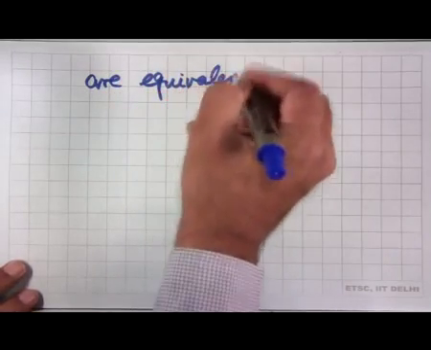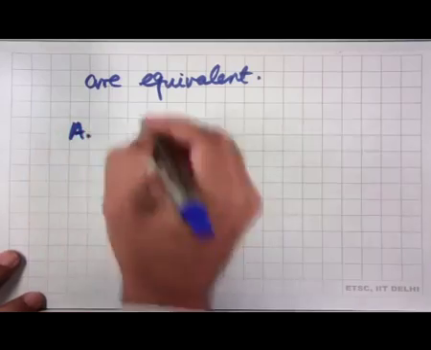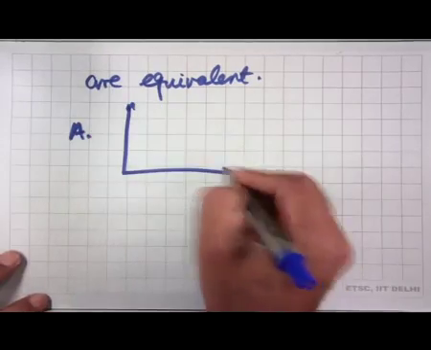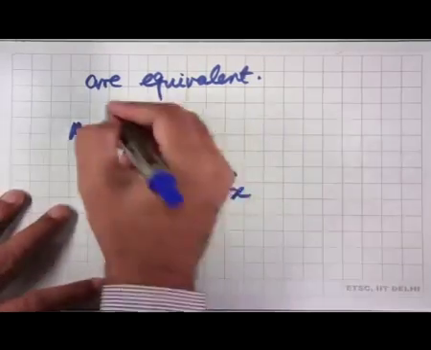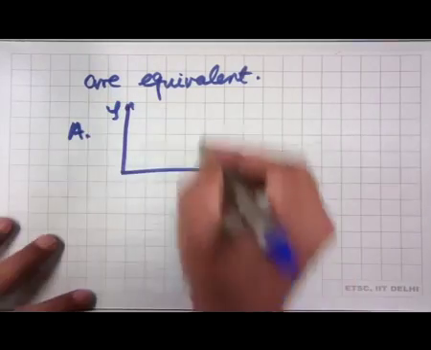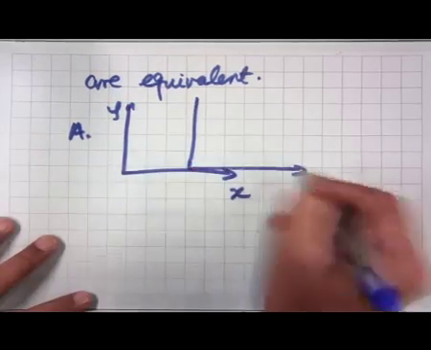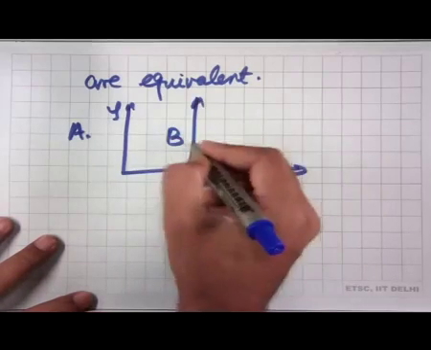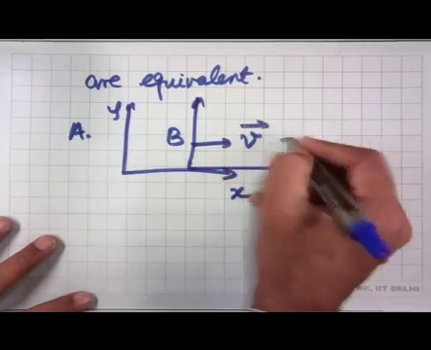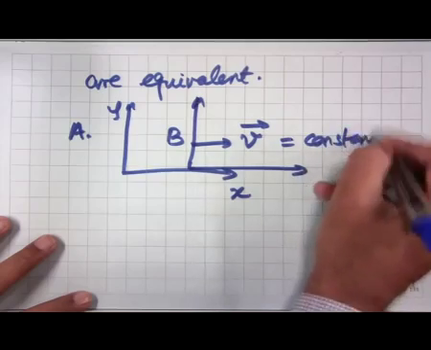That means, if I say there is a frame A which is at rest, so I put a coordinate system with x and y axes marked on frame A. There is a frame B which is moving with V which is constant.